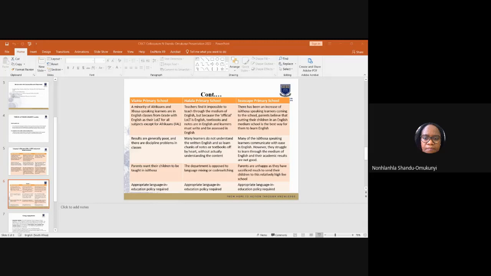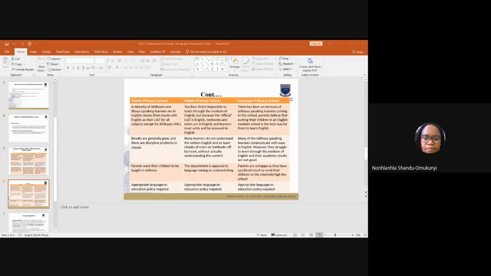In this school, there has been an increase of Xhosa-speaking learners coming to the school because some parents believe that if their children learn in an English medium school, they will learn English better. So Xhosa learners travel from where they stay in the township to the school that is in town.